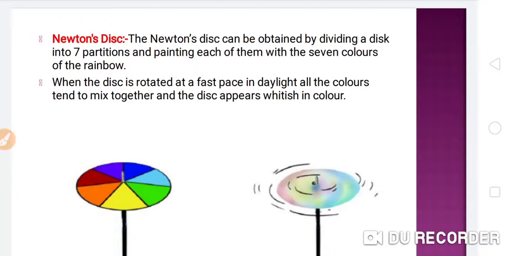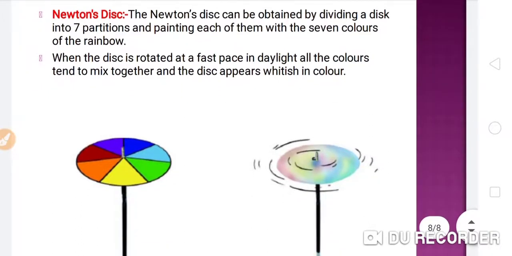When the disk is rotated at a fast pace in daylight, all the colors tend to mix together and the disk appears whitish in color. Okay, so it means that white color is not really white. Actually, it is a combination of the 7 different colors which we have seen in a rainbow. So here the Newton's disk is proving the same thing.